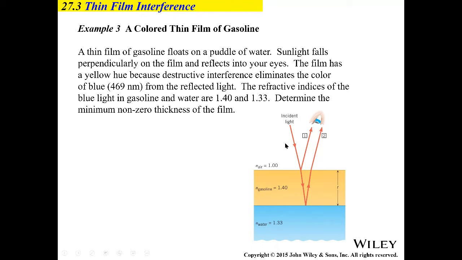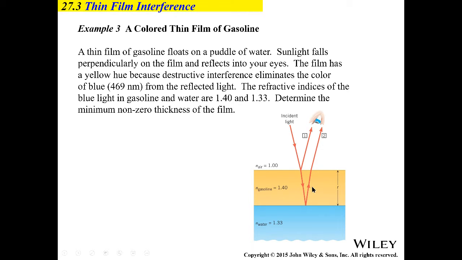Sunlight falls perpendicularly on the film and reflects into your eyes. The film has a yellow hue because destructive interference eliminates the color blue from the reflected light. The refractive indices are 1.4 and 1.3. Determine the minimum non-zero thickness of the film.